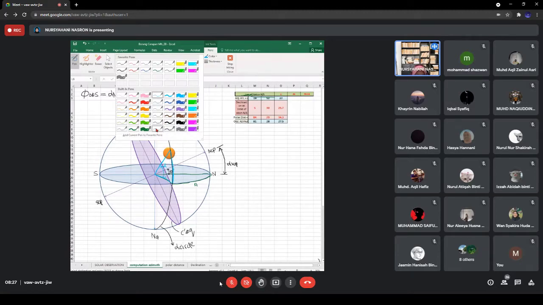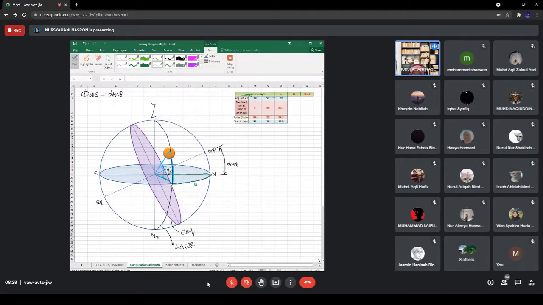The declination circle is a great circle that starts from NCP to SCP and back again to NCP, and must cross the celestial body. This is the declination circle.